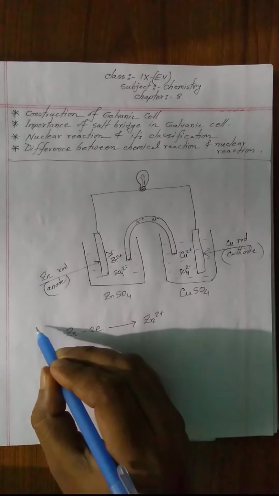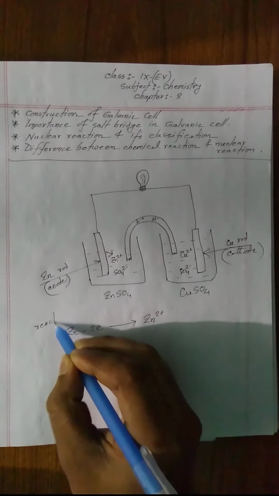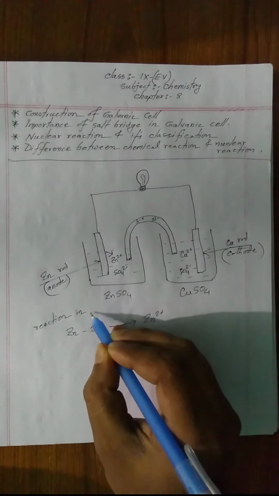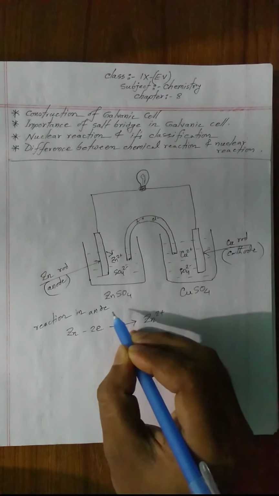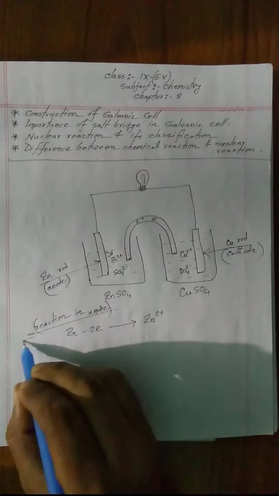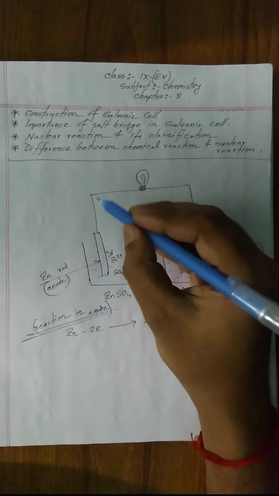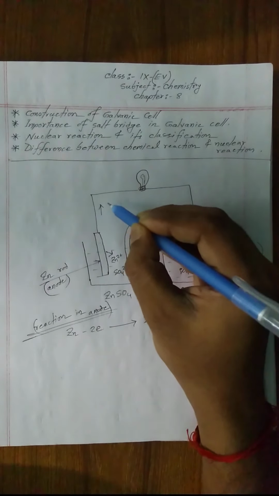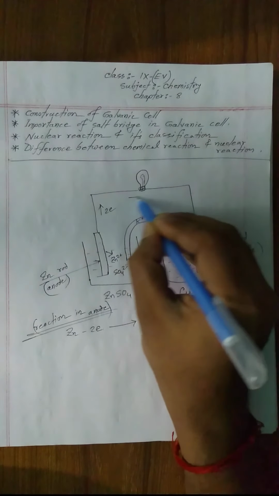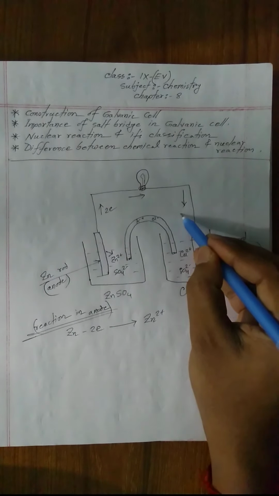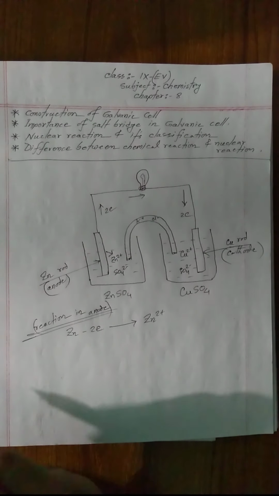This is the reaction in the anode. The eliminated electrons flow towards the cathode.